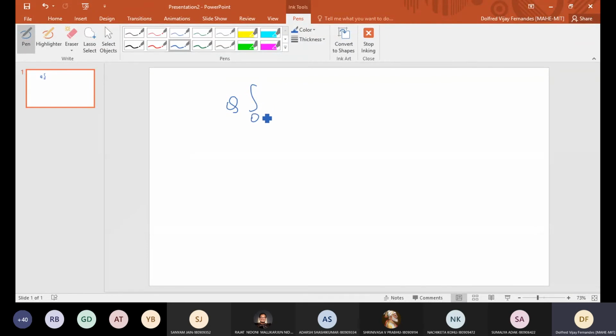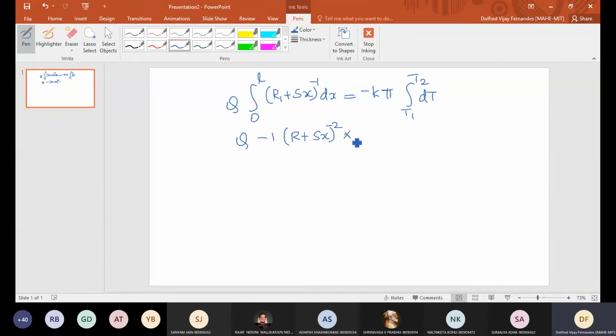Okay, Q integral 0 to L, and we have R1 plus Sx whole square dx. On the right hand side, we have minus K into pi integral T1 to T2 dt. For R1 plus Sx raised to the power minus 2, integrating gives minus 1 into R1 plus Sx to the power minus 1 into S. So we are integrating with respect to x.